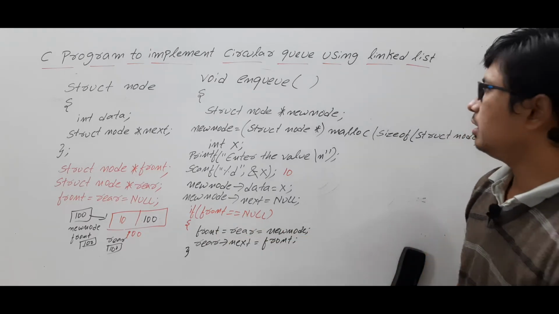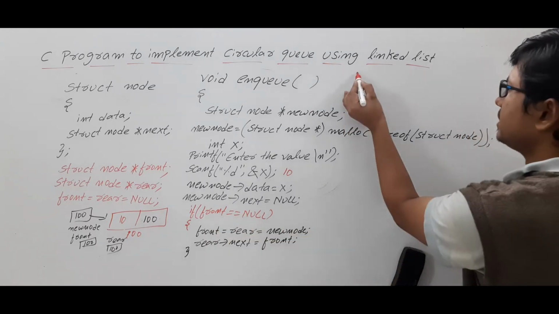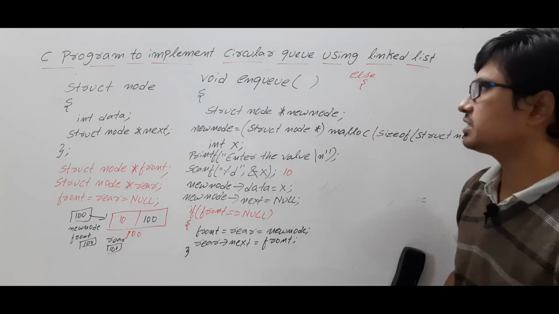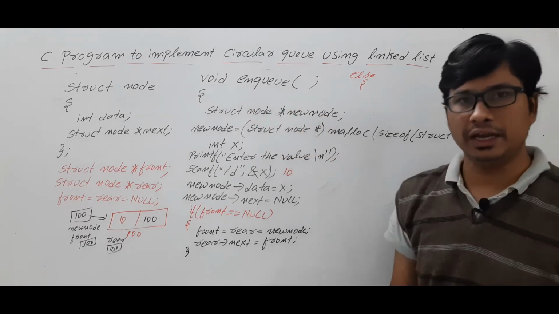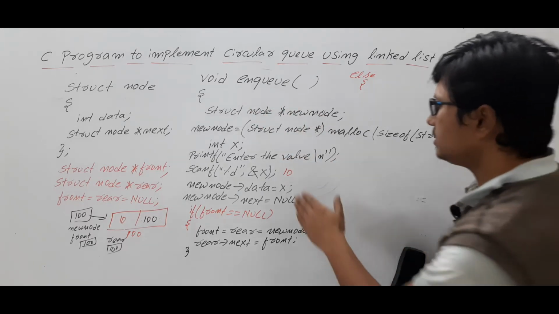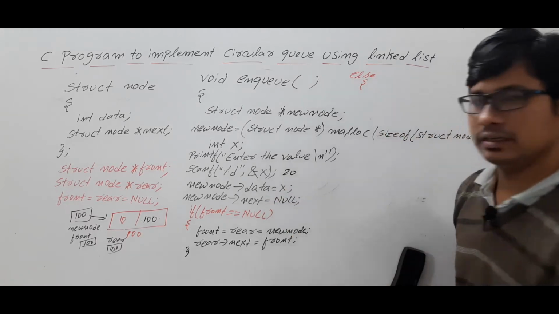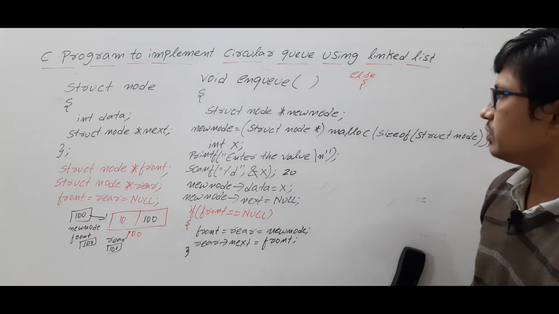Now let's take the else case, meaning whatever node you have created is not the first node. Let's take that the user has again called the enqueue function. Then this time the user has allocated the value 20. Is it clear? Now what will happen?